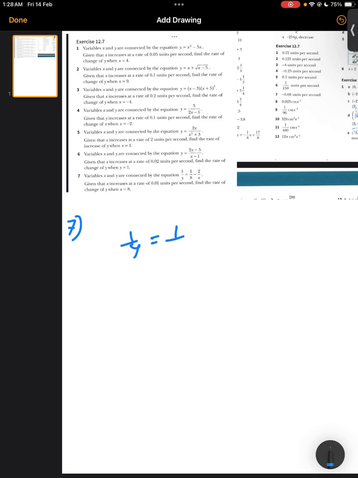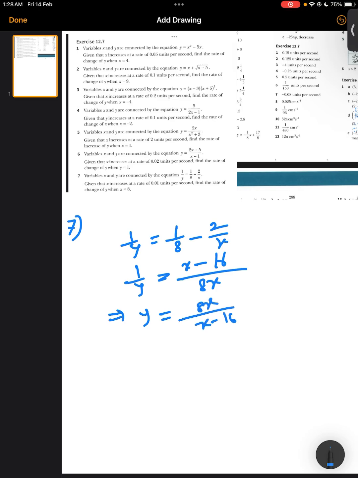1 by y is equal to 2 by x. 8x is an LCM here. x minus 16, right? So y is equal to 8x over x minus 16.